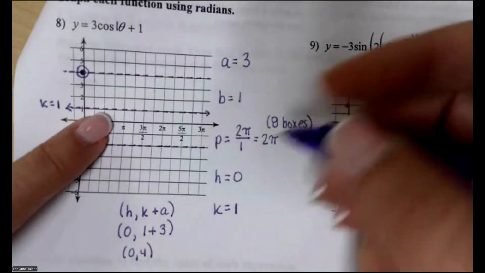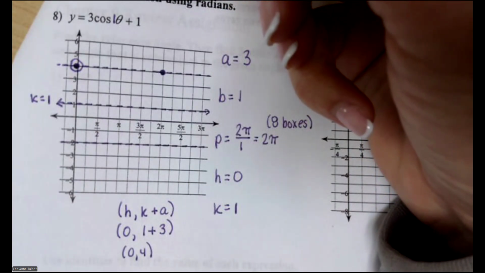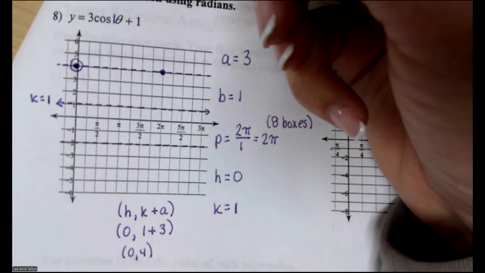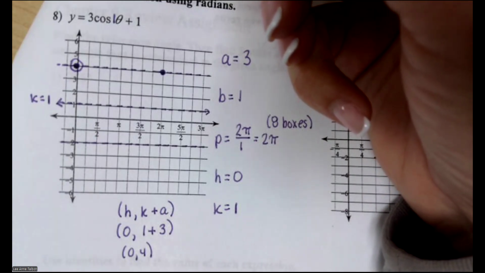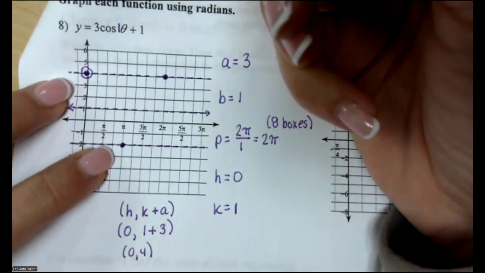Period is 2 pi, which is 8 boxes away. So it ends right there. And positive cosine goes from the top to the top. So it's going to be at the bottom in the middle, midline, midline.